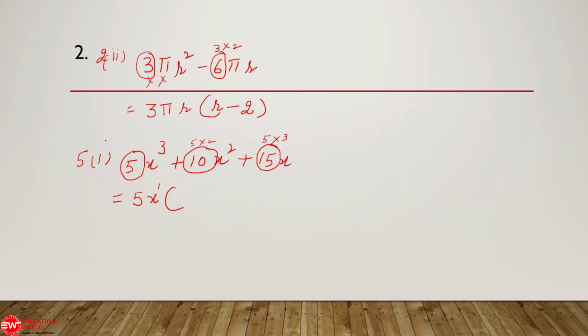Now you see, 5 you have taken, out of 5x cube, 1 x you have taken, so it is x square plus, same way it is 2x plus 3. x you have taken out. So this will be the result.